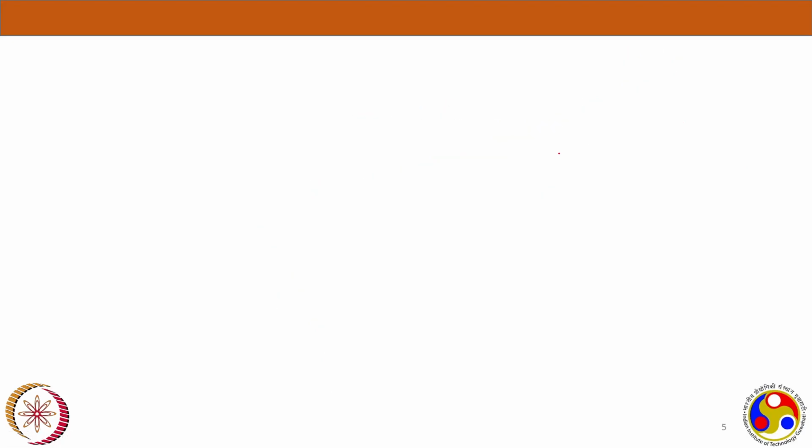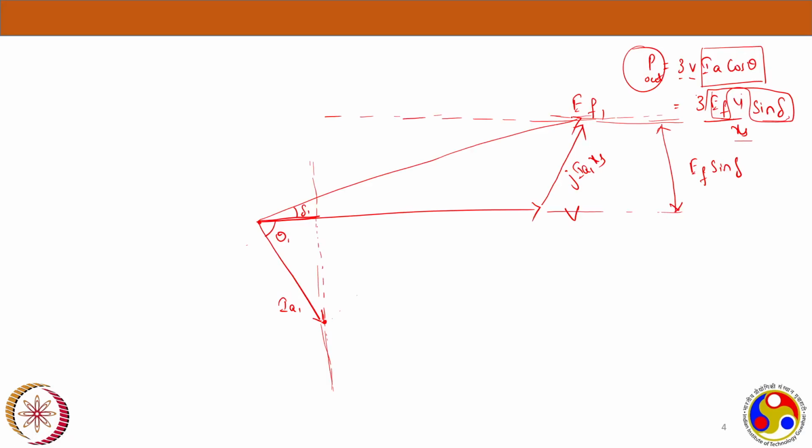The tip of EF, this particular tip here, should always lie on this particular line, so that EF sine delta would always be constant. So these two are my constraints. I should keep IA always on this particular axis, and EF should always be on this particular line, locus, so that my EF sine delta as well as my IA cos theta would be constant, which is the vertical line.